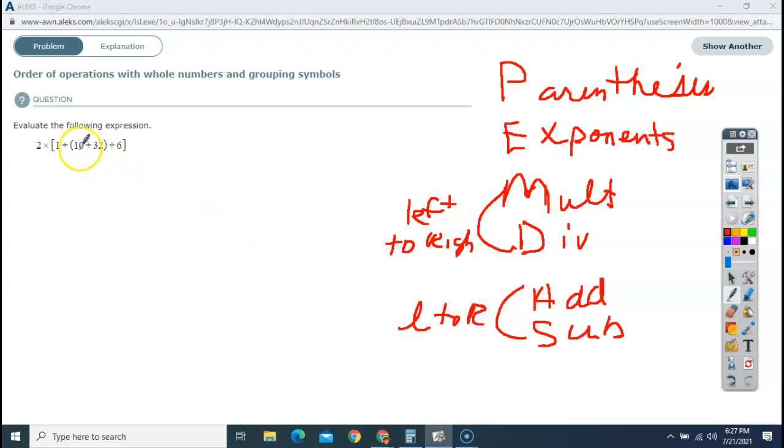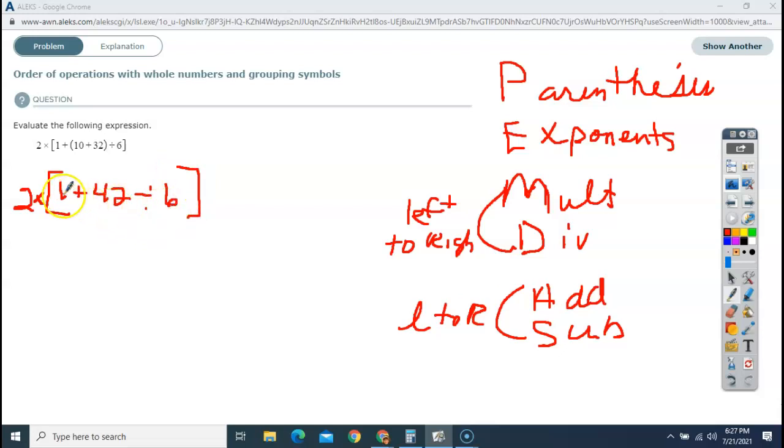All right. So inside these parentheses, go to the innermost parenthesis. 10 plus 32 is 42. So then we would have 2 times 1 plus 42. And then we have this division of 6, which is also inside a bracket.